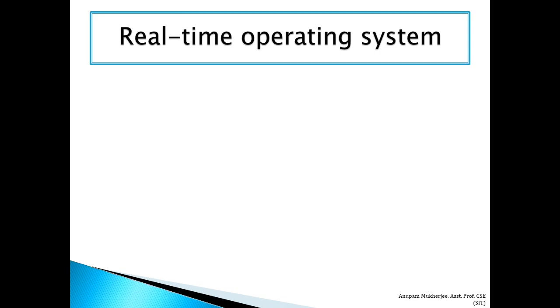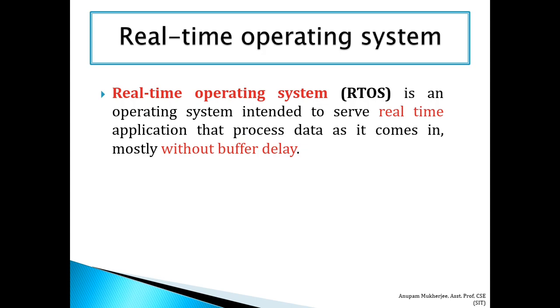A real time system is a system that interacts with real world processes that move at a certain rate. An operating system that can handle a real time system is called a real time operating system. This operating system must have a scheduling algorithm that controls the response time.